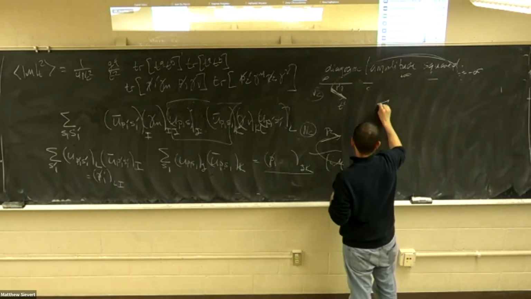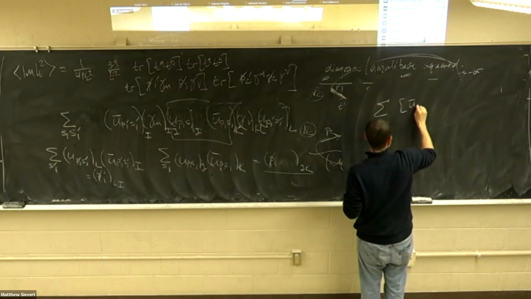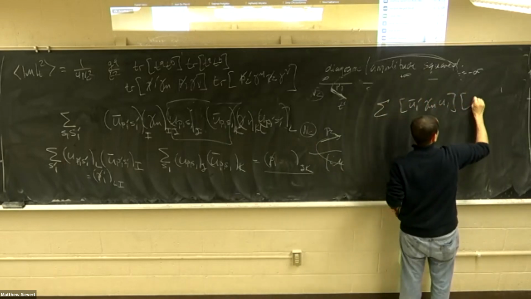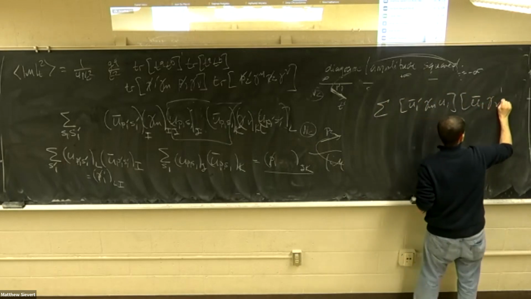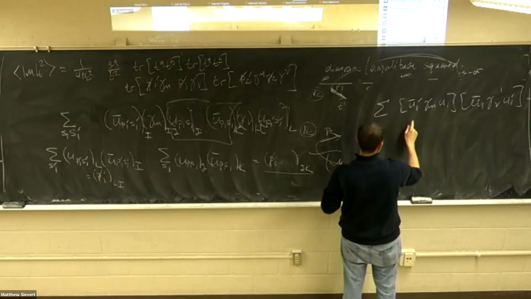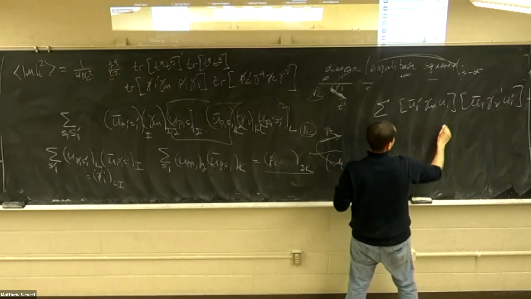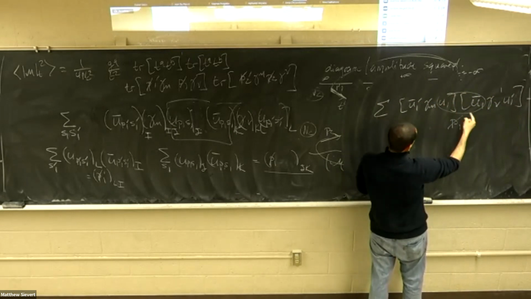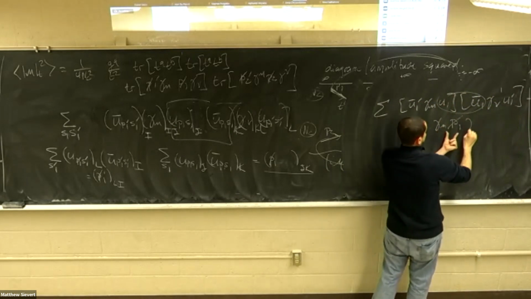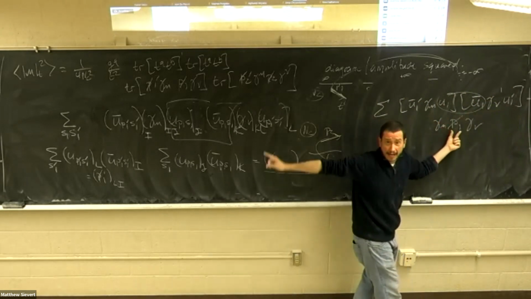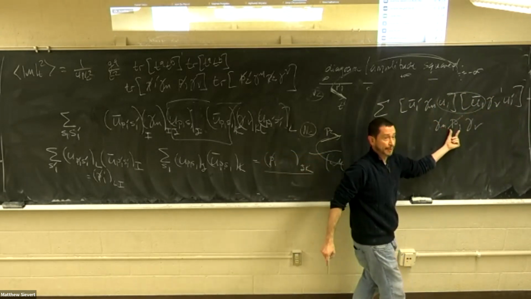I started off with the sum over spins: u bar 1 prime gamma mu u1, u bar 1 gamma nu u1 prime. The result was that I turned this into a p1 slash that, by the order of the matrix multiplication, is sitting in between the gamma nu and the gamma mu. That's what that IJKL index structure tells me.